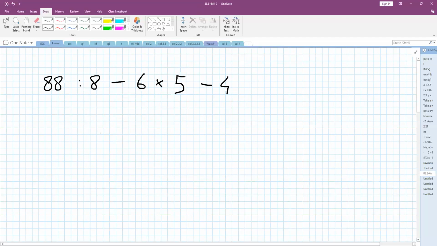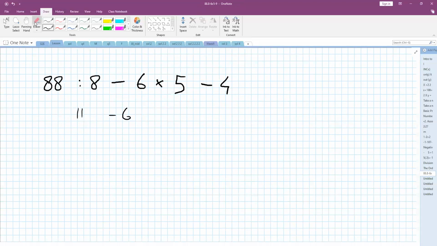So how did you get that number? 88 divided by 8 is 11. Yes. And it had minus here, so I minus the 6 from 11, which made 5. And then I times 5 with this 5, which made 25, and then I minus 4.